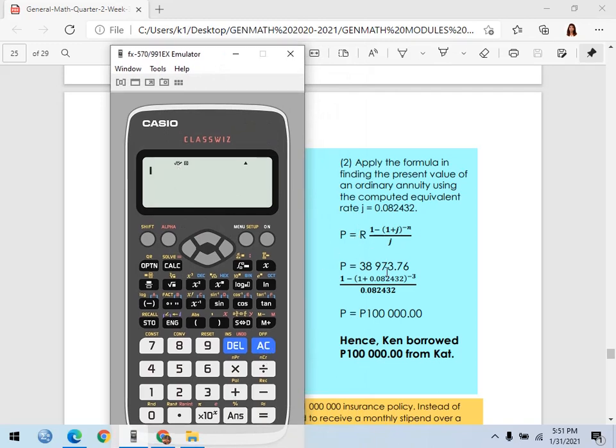So, we have 1 plus 0.082432 raised to negative 3.